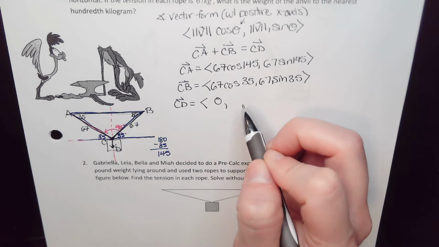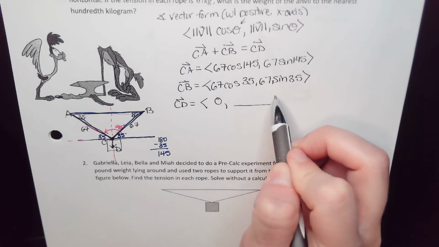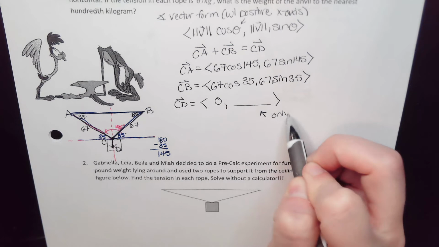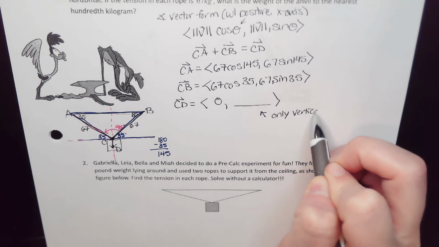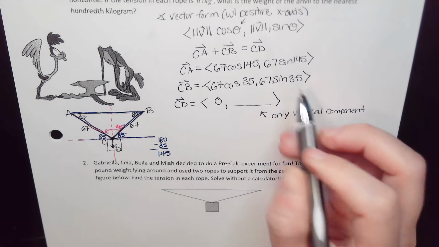And then to find our vertical component, which is what we're actually looking for, you only have a vertical component because it's being pulled straight down.